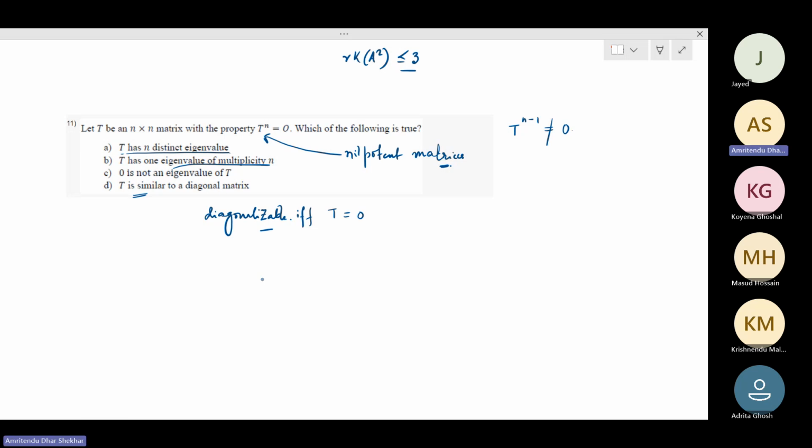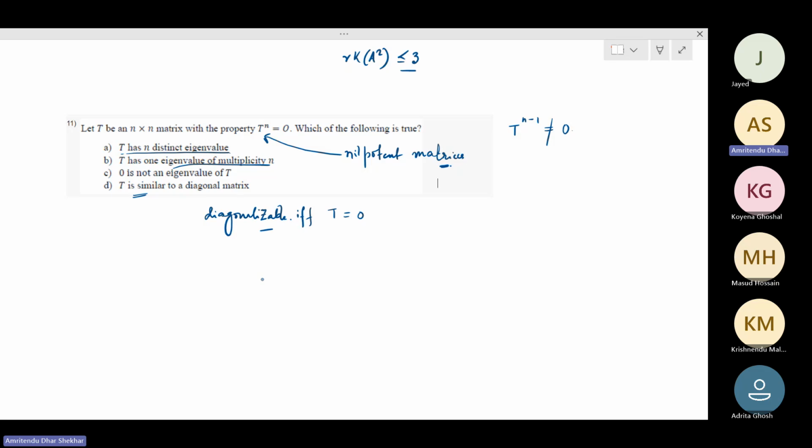And why do you need T to be equal to 0? Well, we discussed before that the algebraic and the geometric multiplicity should be the same for the matrix to be diagonalizable. Now the algebraic multiplicity of 0 is exactly equal to n. But if the geometric multiplicity of 0 were to be also equal to n, then you require that the matrix is 0 everywhere.